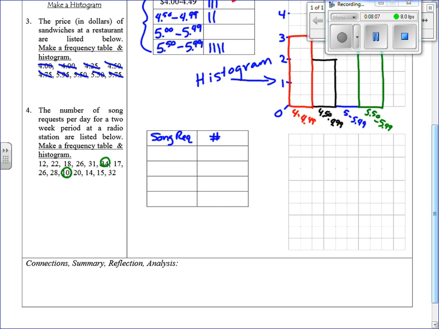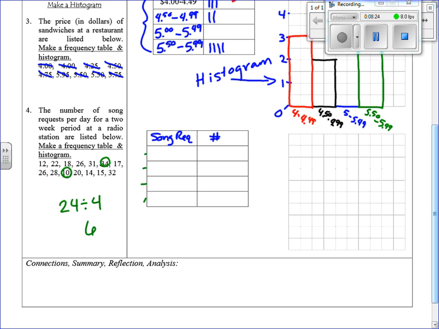Let's just take a look at it this way. We've got 1, 2, 3, 4 intervals. We've got 24 divided by 4. And that's going to be 6.